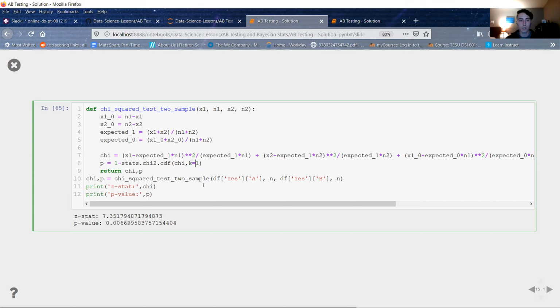This is the degrees of freedom. So as I showed before, since we have 2 rows, 2 columns, if you plug that into the formula, you get 1 degree of freedom. So if we go ahead and run this, pass in our data, and print out the z statistic and the p-value, we can see that we get the exact same result.